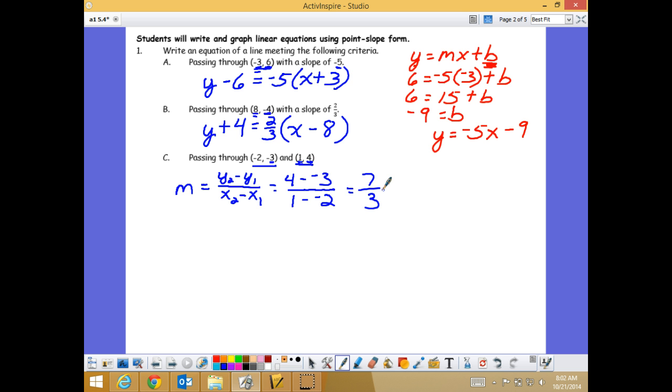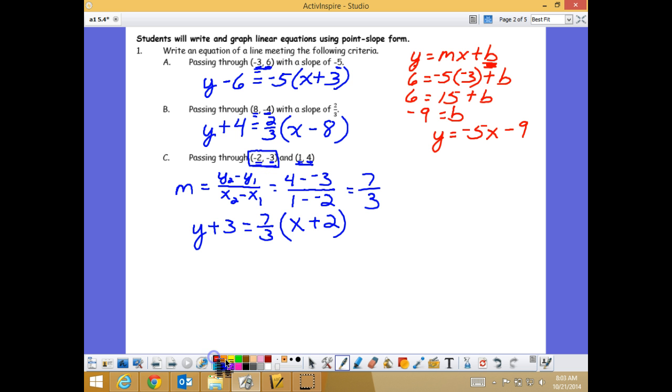So we have a couple of possibilities for our point-slope form. We could use this point, -2, -3. So if we use this point, use the y coordinate, so that becomes plus 3 in the equation, equals the slope times the quantity x plus 2, again changing the sign on the x coordinate.